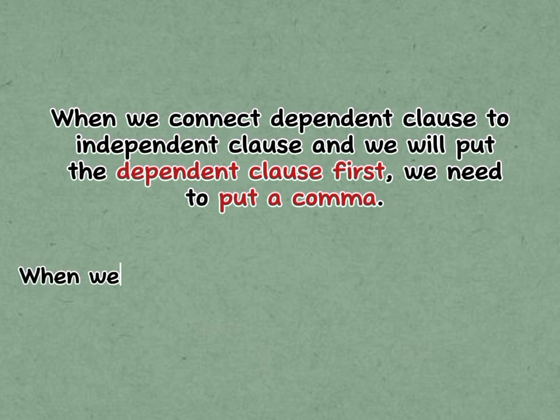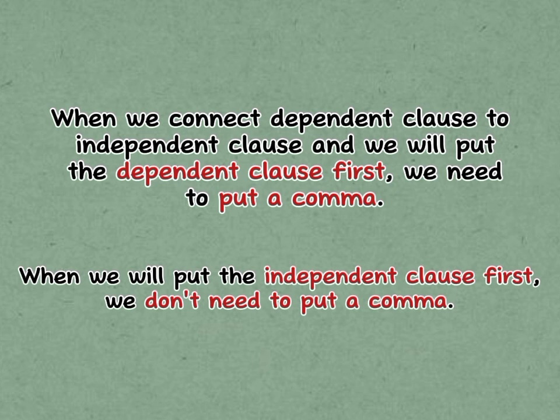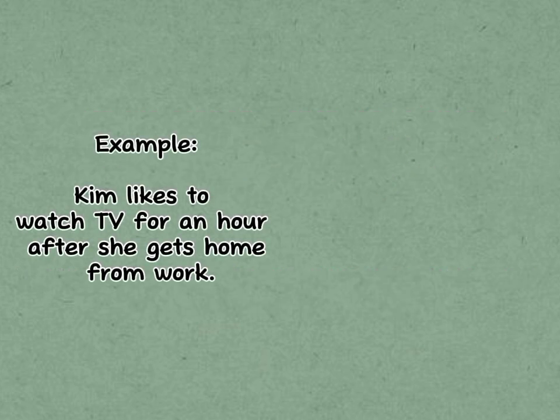While when we put the independent clause first, we don't need to put a comma. For example, Kim likes to watch TV for an hour after she gets home from work. Since "Kim likes to watch TV for an hour" is an independent clause and we put it first, therefore we don't need to use a comma.